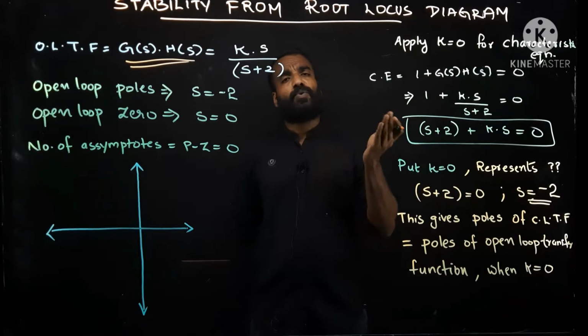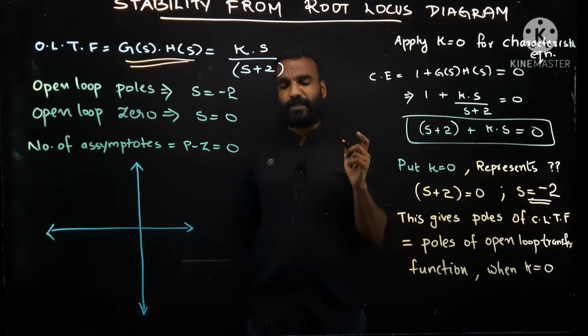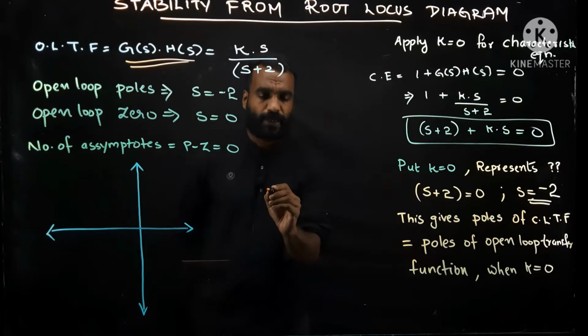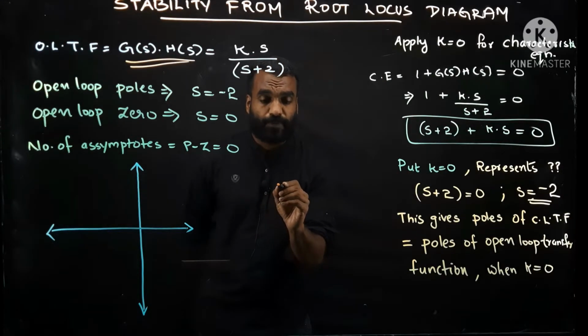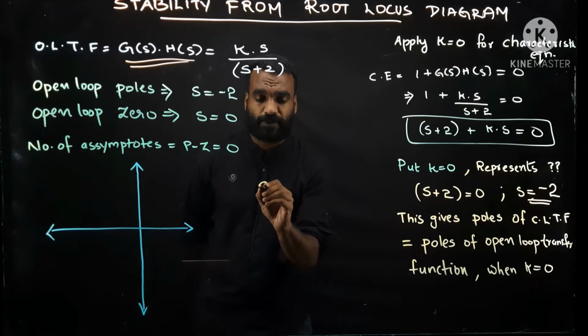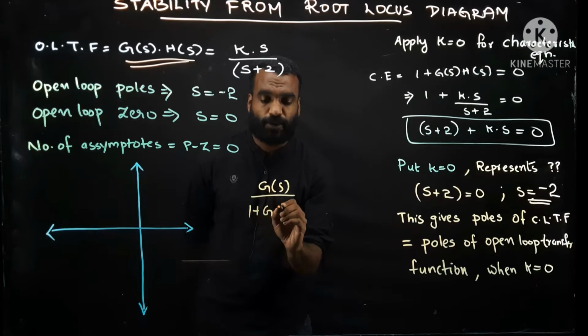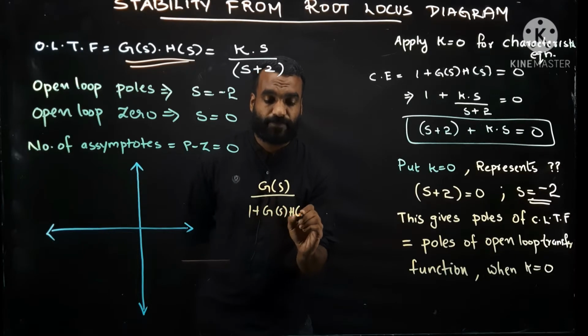If you want to convert it to the characteristic equation, there are two methods. First method: you find the closed loop transfer function, G(s) by 1 plus G(s)H(s).